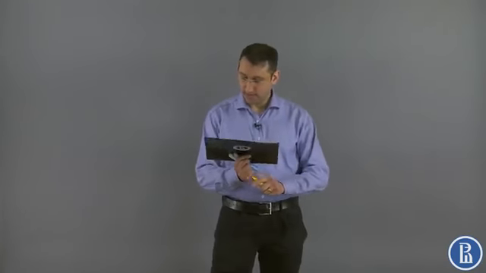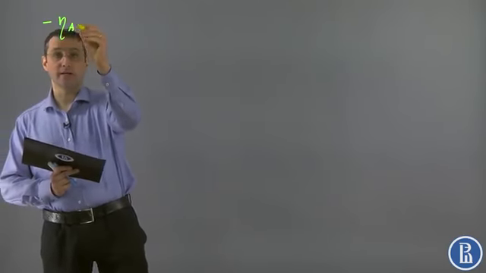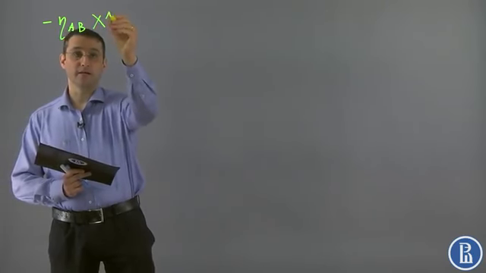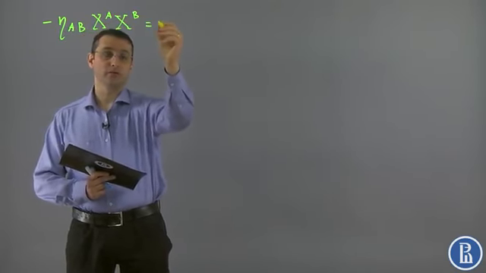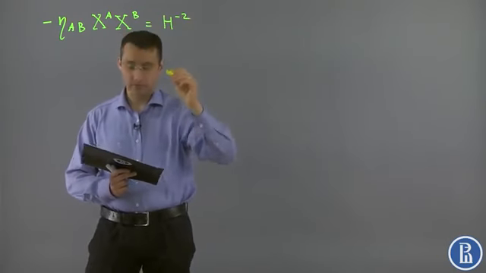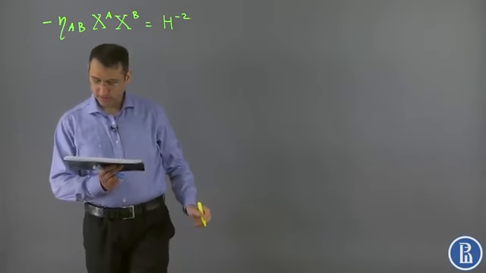Now we're going to continue with the Poincare patch and Poincare coordinates in de Sitter space. Another possible solution of this equation, x_A x^A = 1/H², is the following.